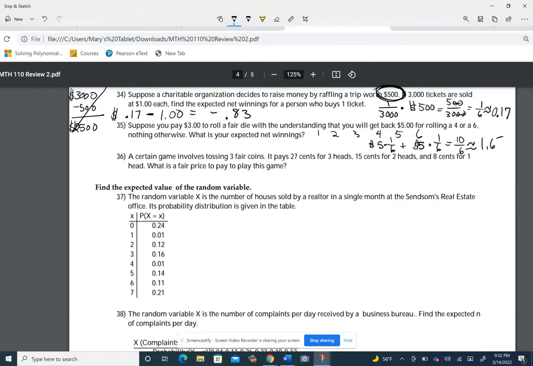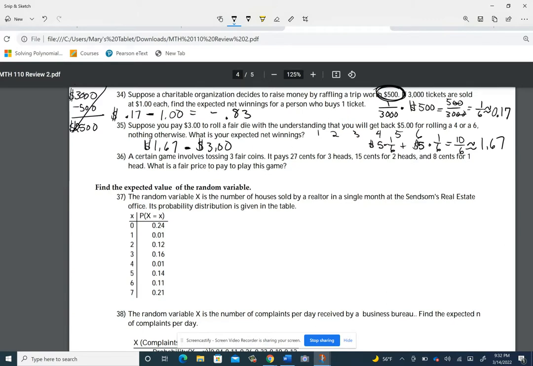And 10 divided by 6 turns out to be about 1.67. Now, that's not my net winnings. That 1.67 would be my expected payoff, because I get $5 for rolling a 4 or a 6, but I don't get anything for any of the others. So 1.67, take away the $3 I paid to do it.